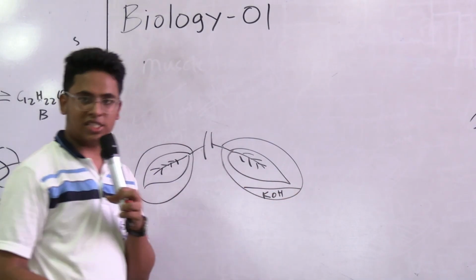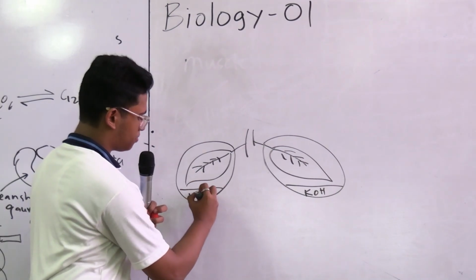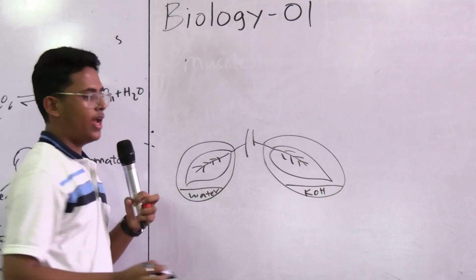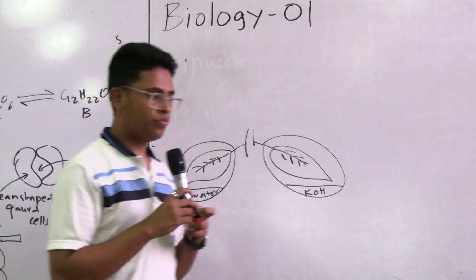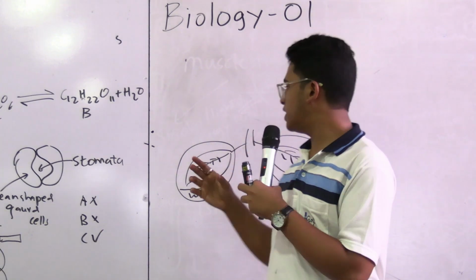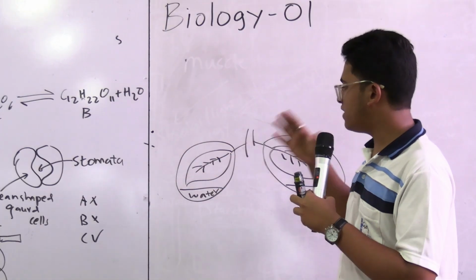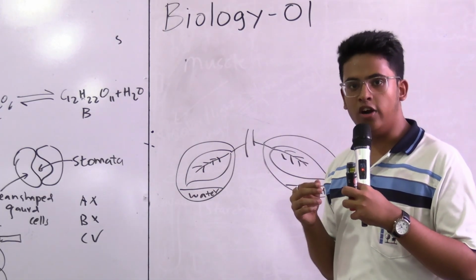KOH is potassium hydroxide. And in the other you put water. Now you leave this, and you can test for starch. If the test for starch is positive in any of these leaves, that means that leaf has carried out photosynthesis.